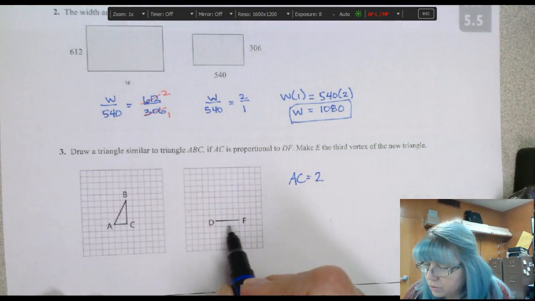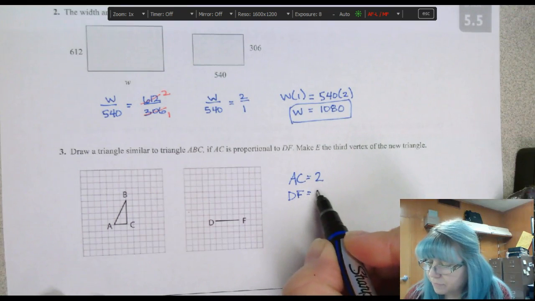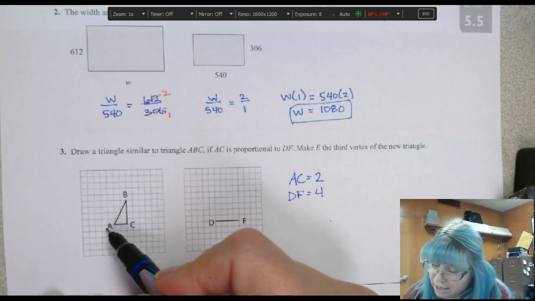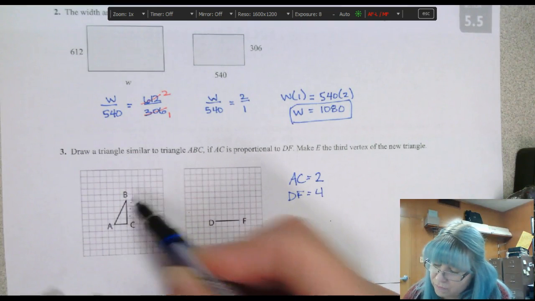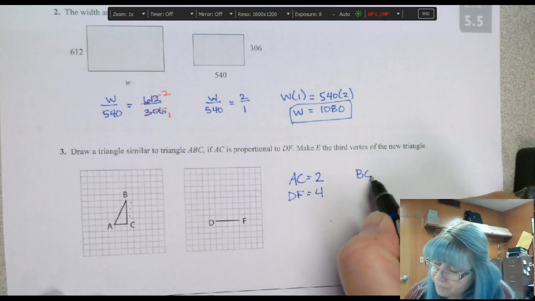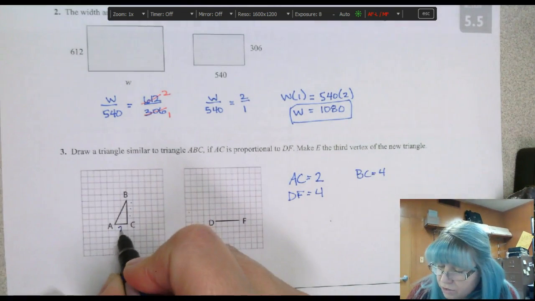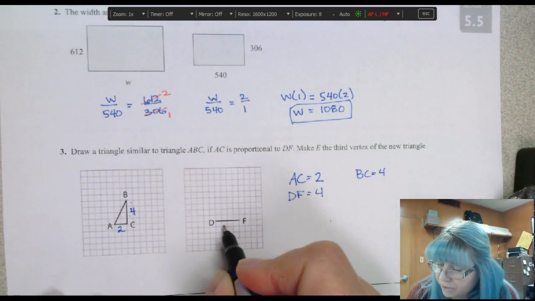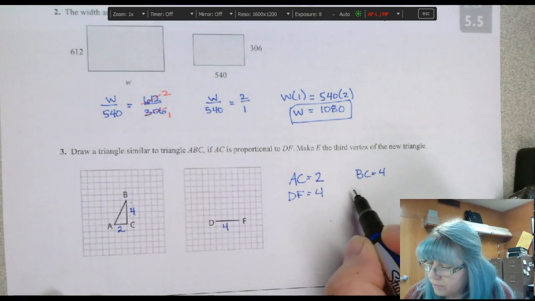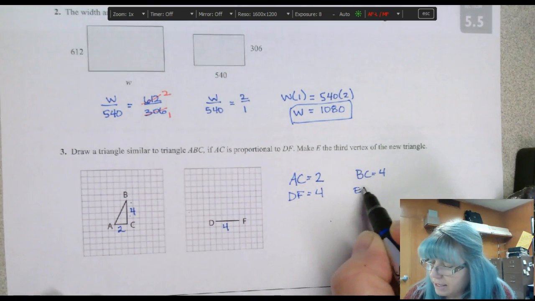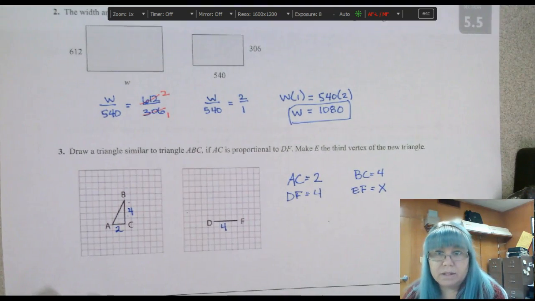DF is 1, 2, 3, 4. BC is 1, 2, 3, 4. Okay, so we have a 2 and a 4, and a 4 and an I don't know. So therefore, EF is our unknown.